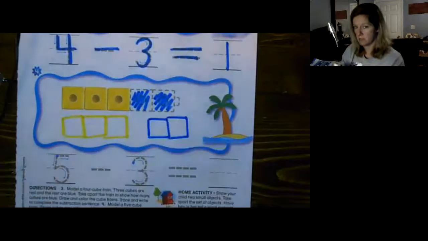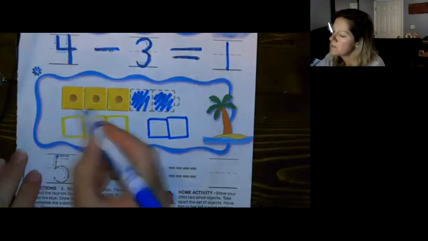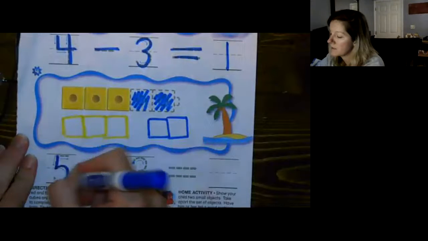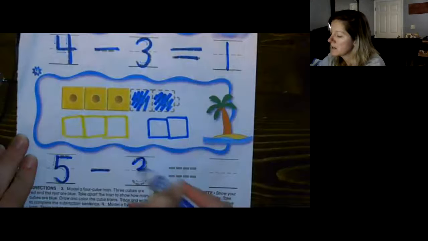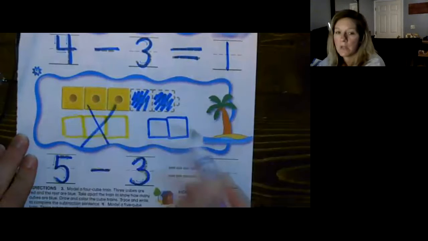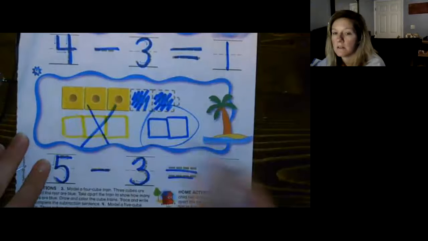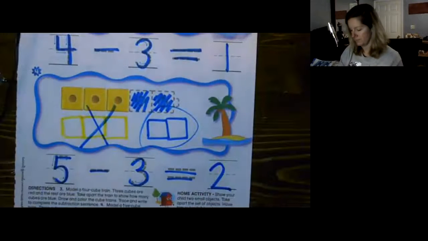Okay, you see how we took apart the 2 different sets? All right, how many cubes are there all together? 5. There are 5 all together. How many are we taking away? 3. And how many are left? 2. Very good.